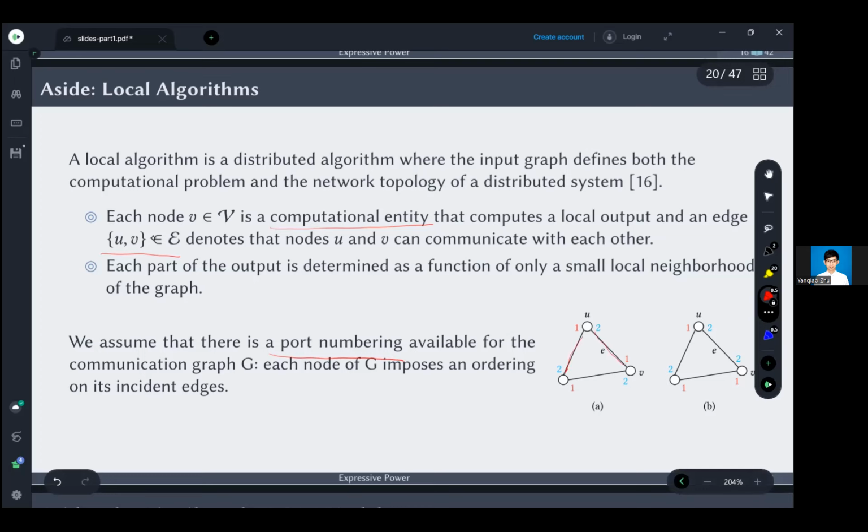It's like the source of the message. The port numbering is not fixed. Like the graph itself, you can permute the port numbering in a flexible way. For example, for U and V, we can give the port numbering in picture A and picture B.